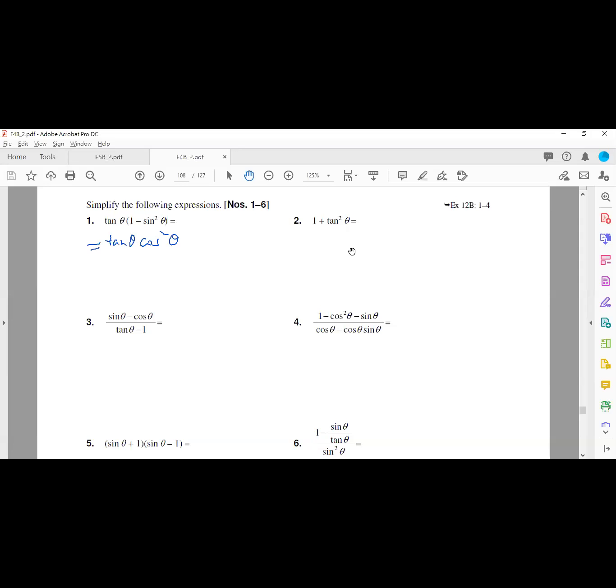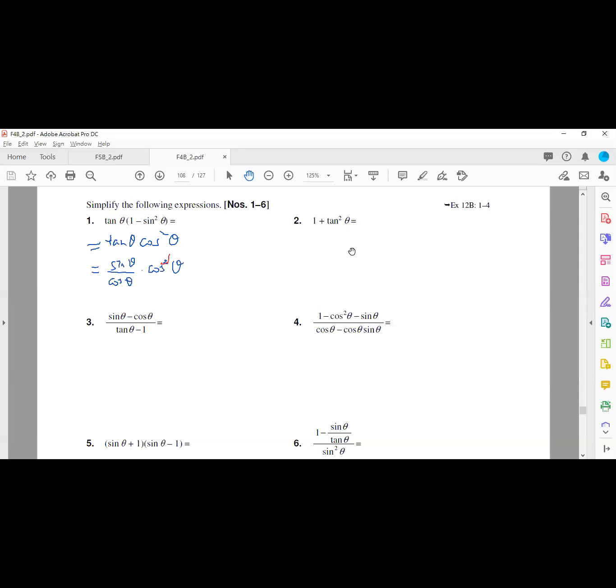And for the next step, we always change the tangent theta to be sine theta over cosine theta. So it becomes sine theta over cosine theta, and then times cosine square theta. For the cosine theta and cosine square theta, we have square on the top and power 1 on the bottom, so we cancel one of them.